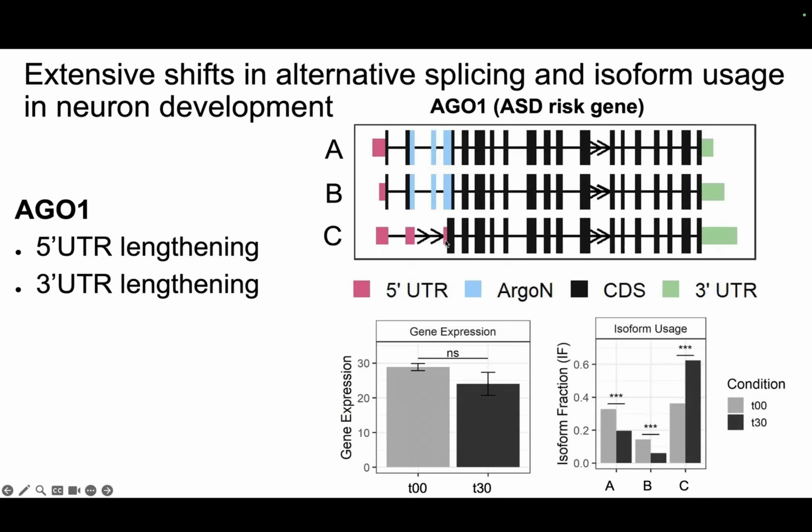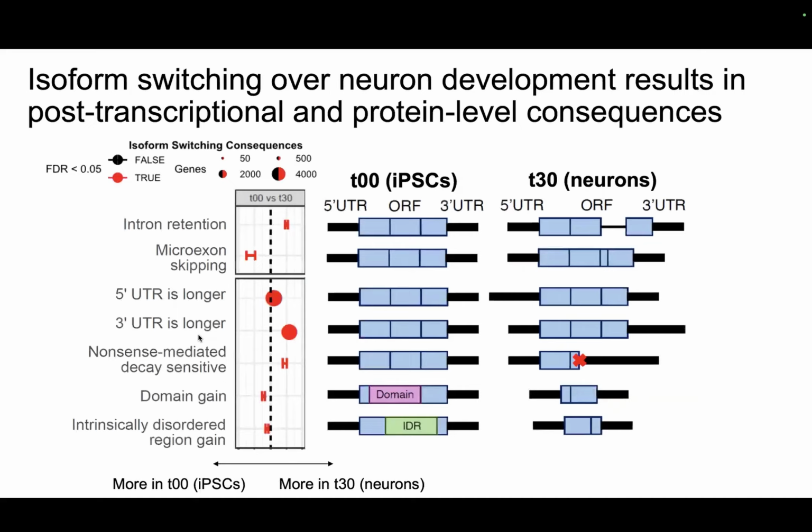And then also in this neuron time point, isoform C is missing this 3rd exon, so it's basically completely missing this critical blue domain. And this is an Argonaute N-terminal domain, and this is part of the essential function of this gene. So this type of isoform switching event would be called a domain loss. This is the loss of a critical protein domain.